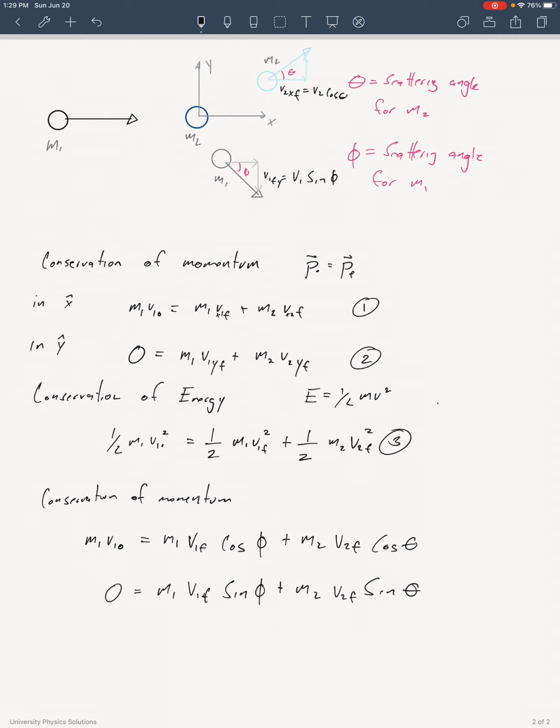But for now, let's go ahead and look at the case in which m1 equals m2. And in this case, I can rewrite these equations in such a way that the masses are equal and therefore they will be canceling out.